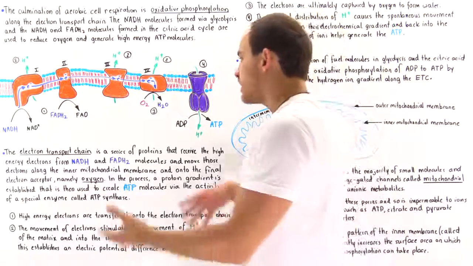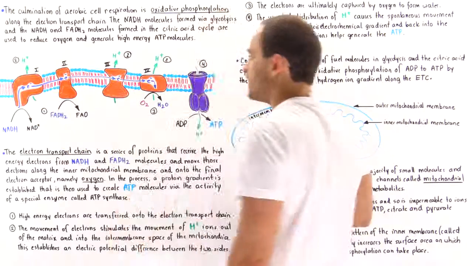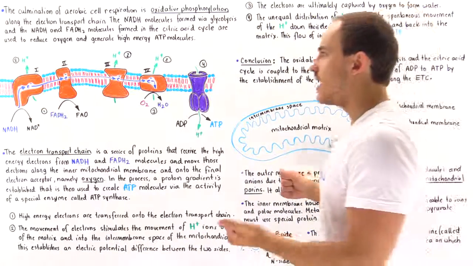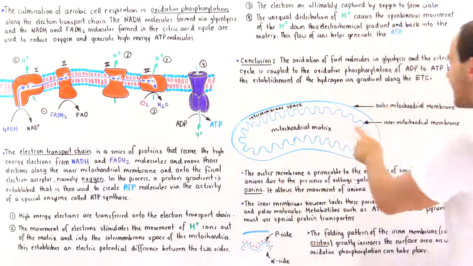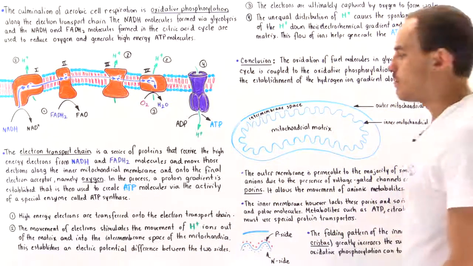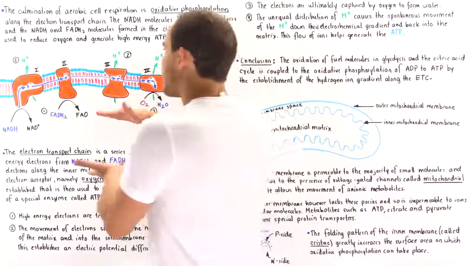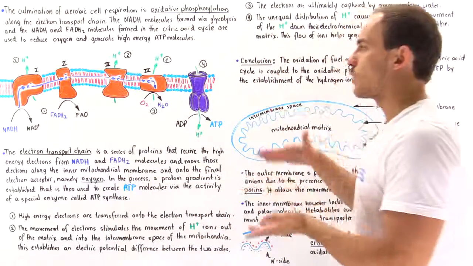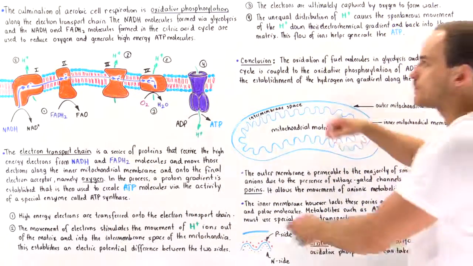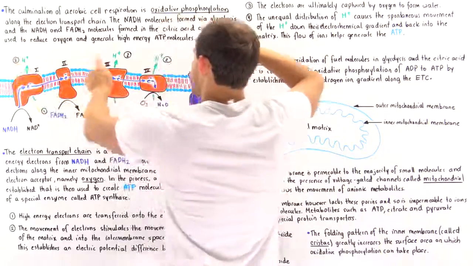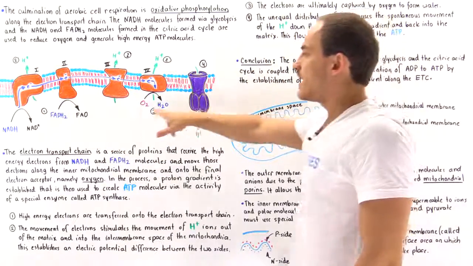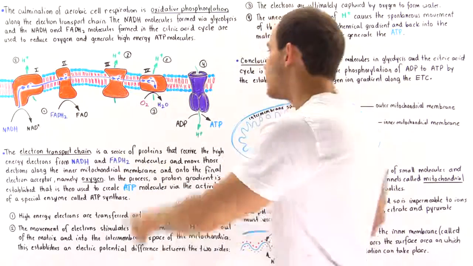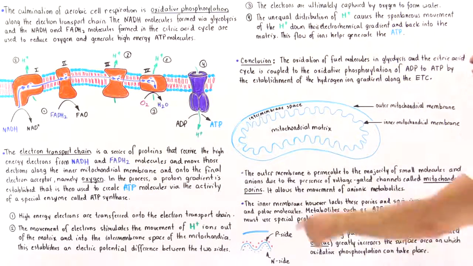And that ultimately allows some of these proteins to actually pump the H+ ions to the intermembrane space, the space between the inner and the outer membrane of the mitochondria. And this establishes an electrochemical gradient for the hydrogen ions. So this takes place here, here, and here. Then the electrons are ultimately accepted by that diatomic oxygen to form water molecules.